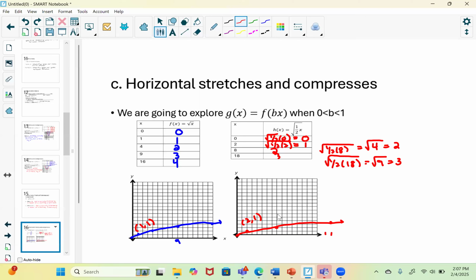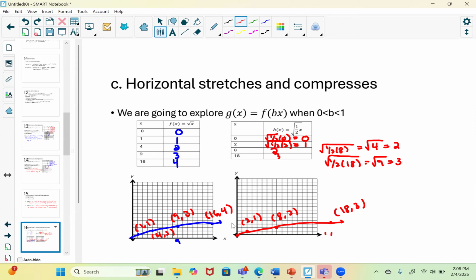Okay, so we had 2, 1, 8, 2, and then 18, 3 on this graph. And on this one I have 1, 1, 4, 2, 9, 3, and 16, 4.